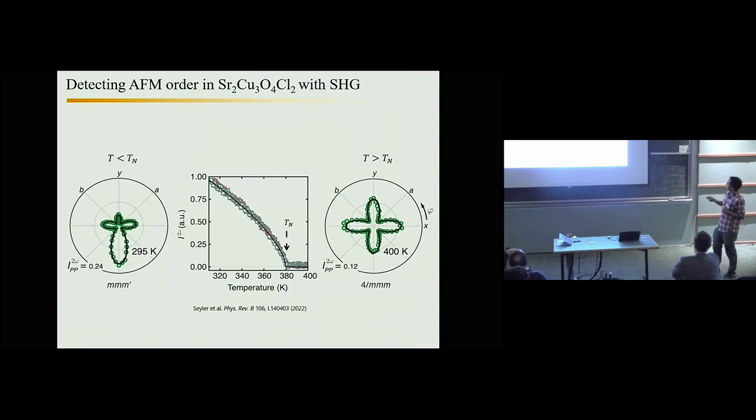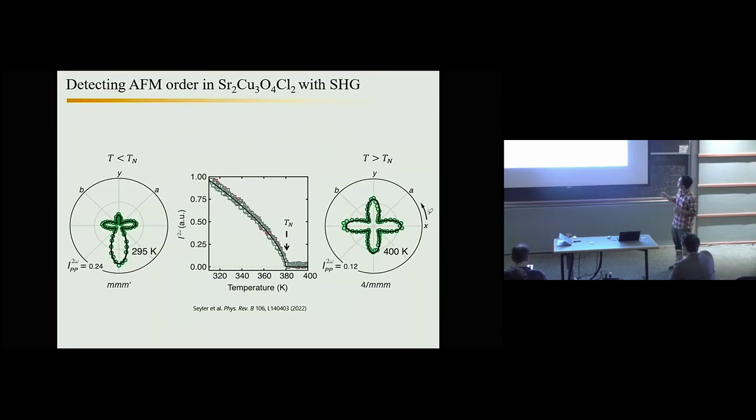You can see that the pattern respects the tetragonal symmetry of the lattice. It's got fourfold rotational symmetry. You can fit these patterns to different processes refined under different symmetry groups, and in this case, it fits an electric quadrupole bulk SHG refined within the 4/mmm centrosymmetric tetragonal crystallographic point group. And this term is pretty temperature independent.